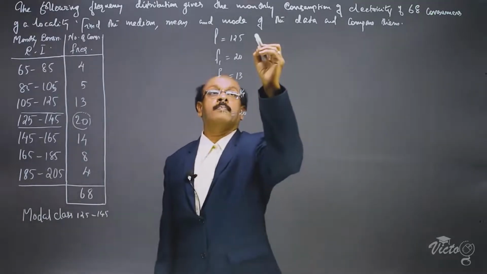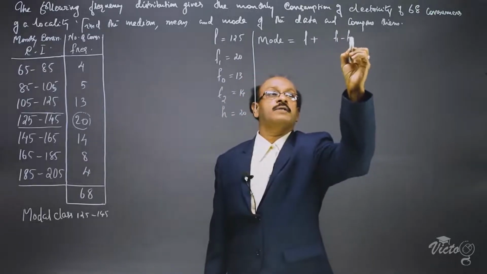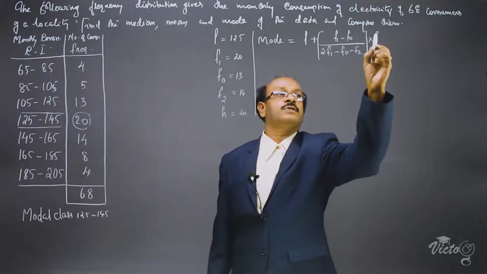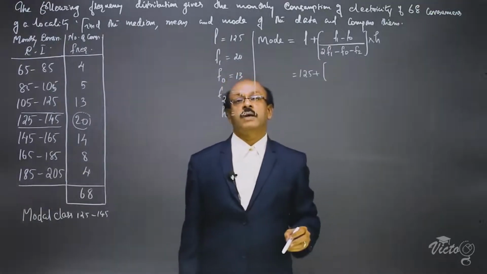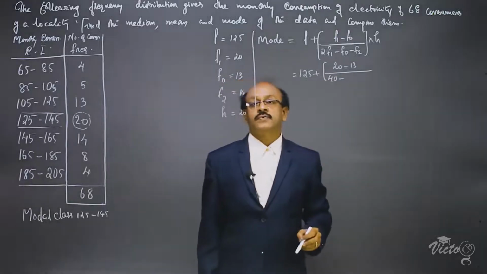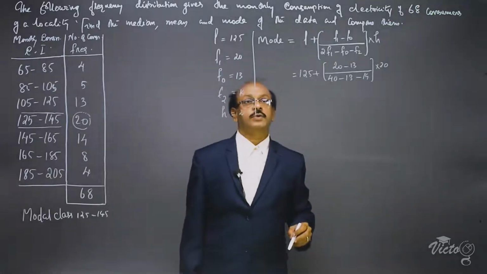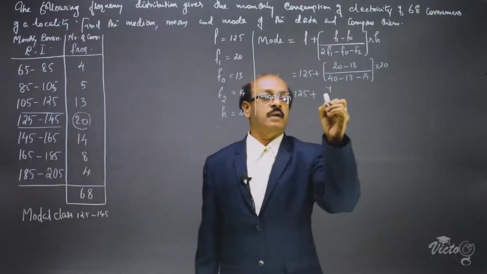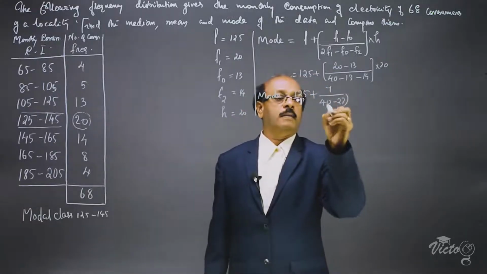Therefore, mode is equal to L plus F1 minus F0 divided by 2F1 minus F0 minus F2, into H. Giving values: L is 125 plus 20 minus 13, the whole divided by 2 into 20, which is 40, minus 13 minus 14, into 20, with H equal to 20.